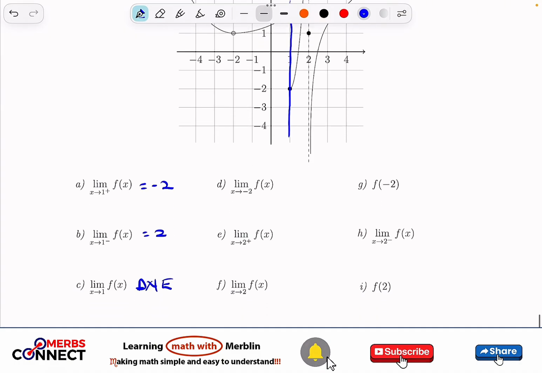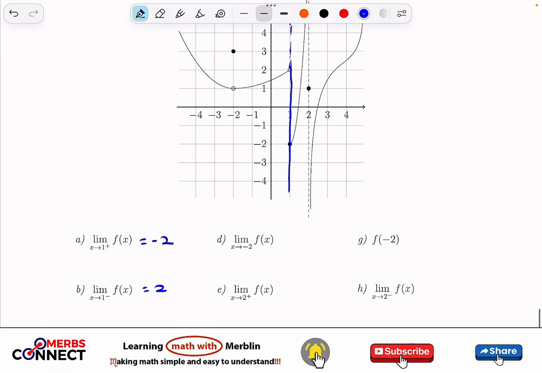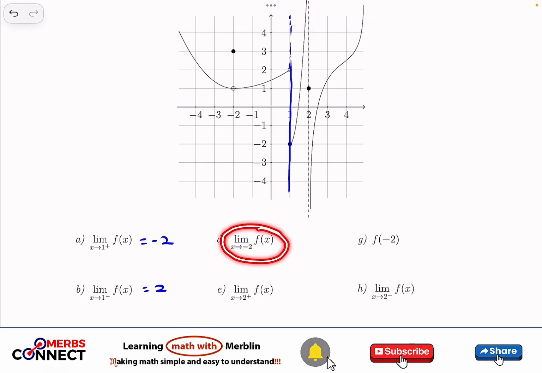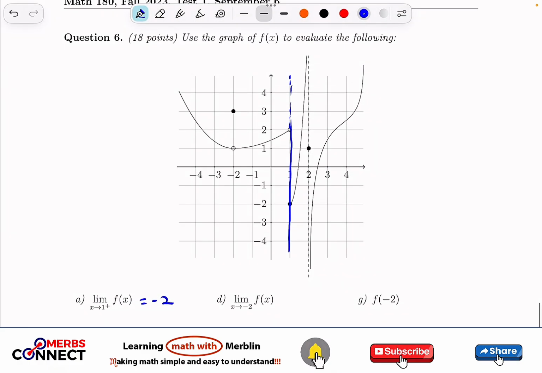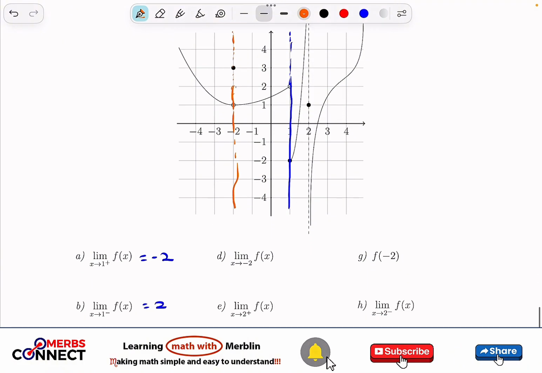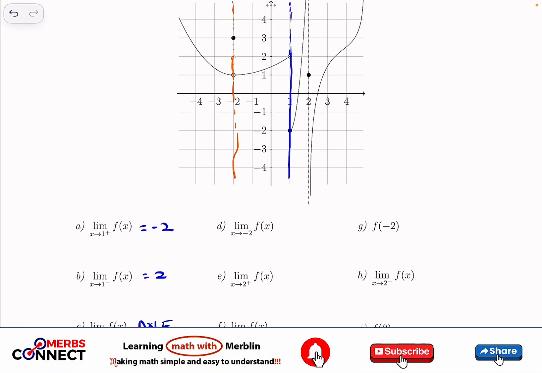Let's look at f of -2. Let's look at x is approaching -2. So x is approaching -2. I'll have my line on -2 like this here. And as I said, anytime you don't see positive or negative, it means that for us to conclude on this we need to look at the negative side and then positive side.